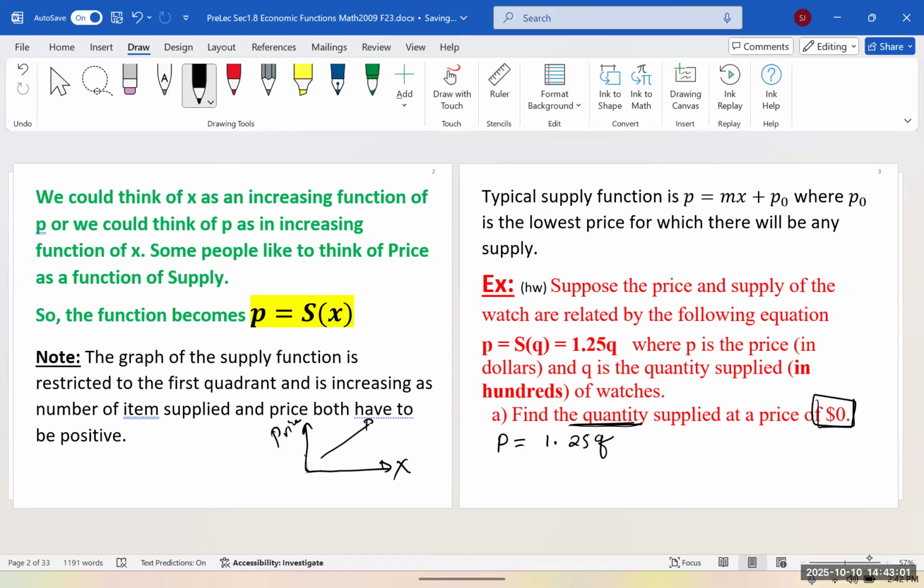Are you willing to produce any watch for nothing, for free? So in reality, we know the answer should be 0. But if you want to use the formula, this $0 is the P or the Q? P. So P is 0.